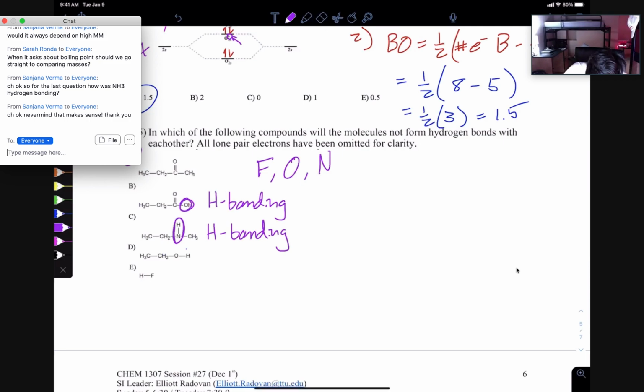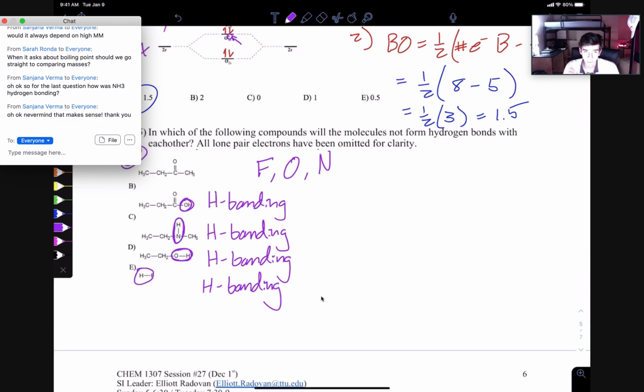Next up in D, that hydrogen is attached to the oxygen, so we have H bonding. And lastly, again, it's attached to one of those, so we have H bonding. So in A, none of these hydrogens are attached to F, O, or N, so there's no hydrogen bonding. That's what the question is asking for, so A is the correct answer.